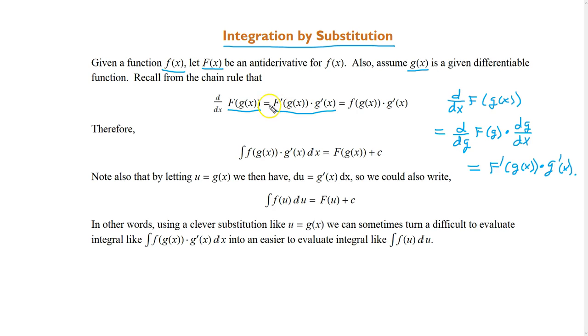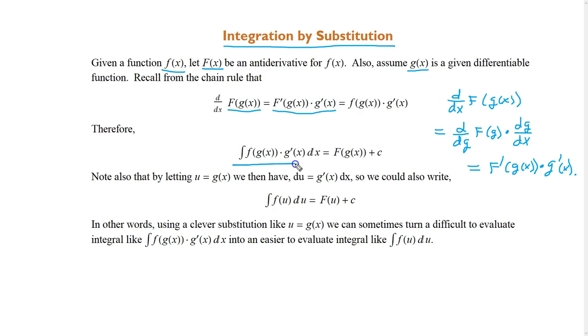And now since capital F is an antiderivative for little f, we can replace the capital F prime with little f. So we have that the derivative of capital F of g is equal to little f of g times g prime. So therefore we have this result down here.